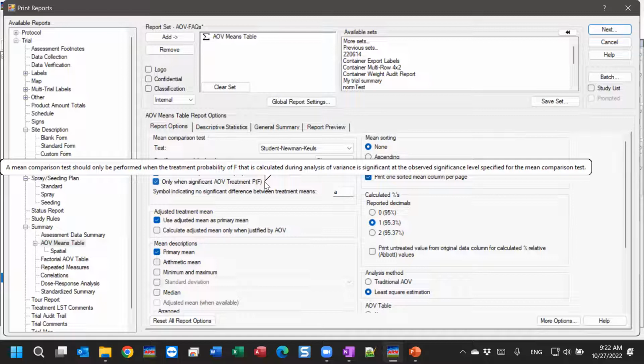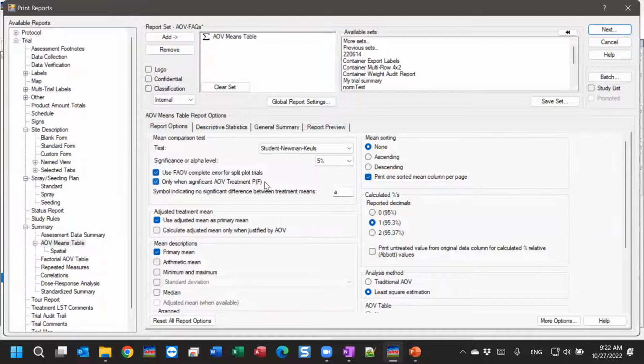Remember, we got a p-value for that AOV, a general test of whether there are any differences in any of these treatments. We get a significance level of whether we have confidence that there are some differences or not.